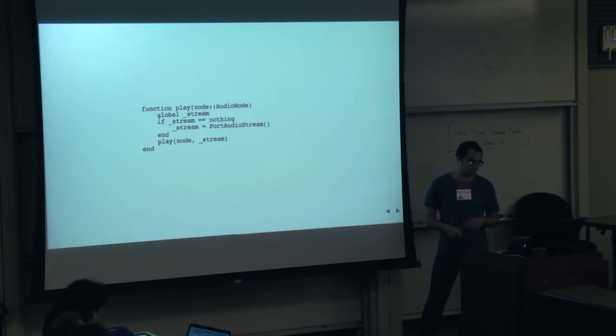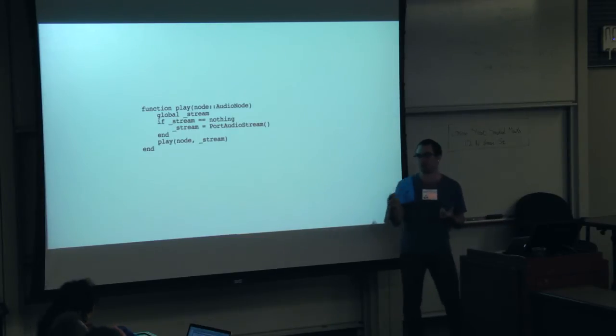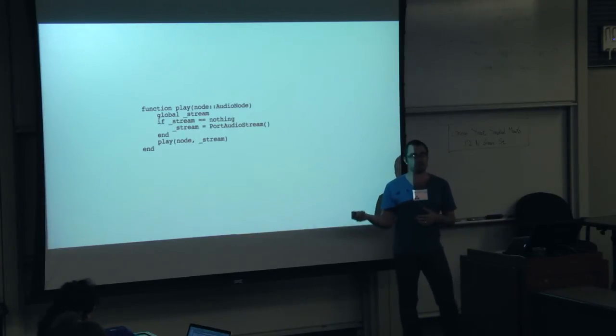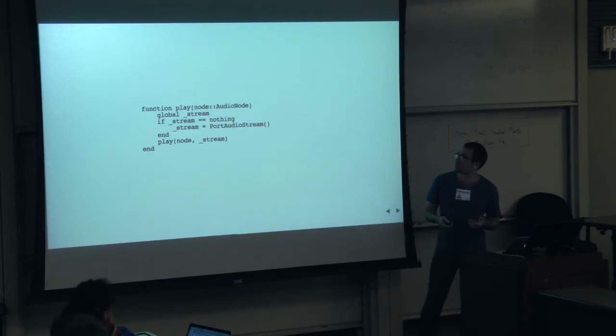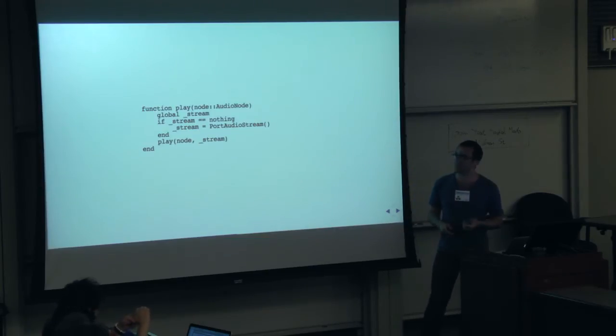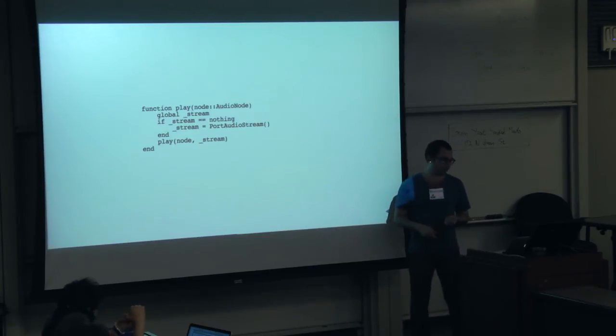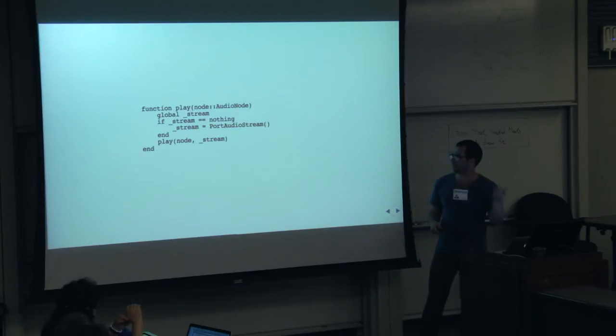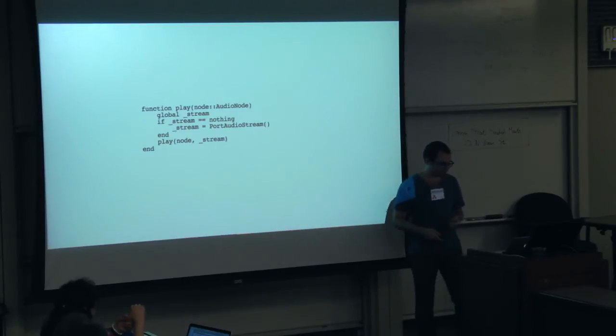So you can call play and give it a stream argument, and it'll play through that stream. But if you don't give it a stream, we have a global, default stream that it's going to instantiate, and then it'll start playing through that. This is basically the one global thing that I'm doing to handle the default stream.